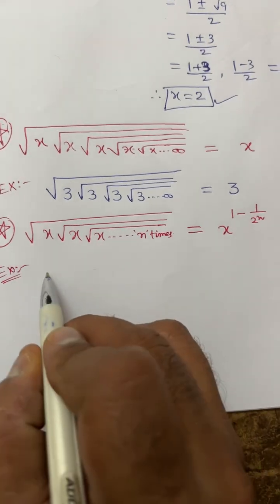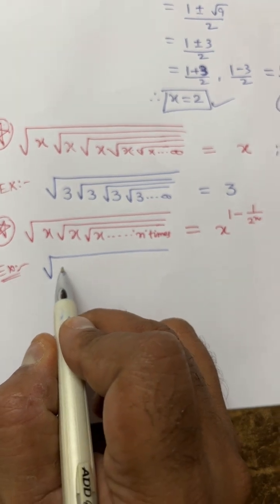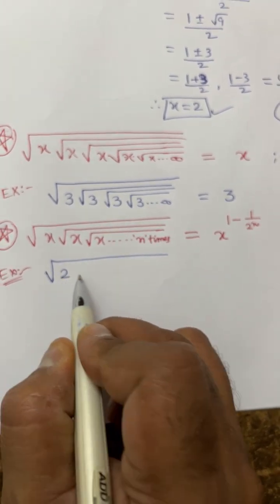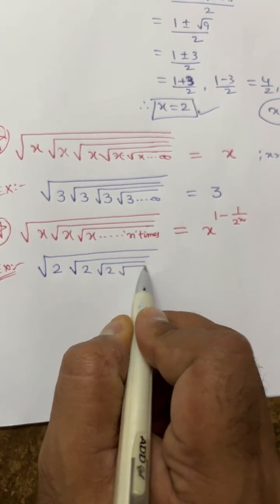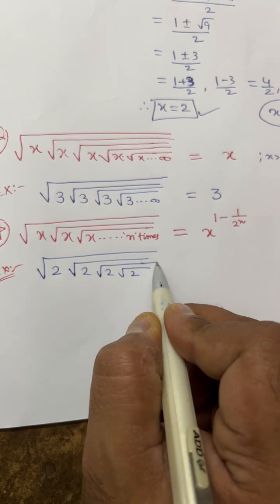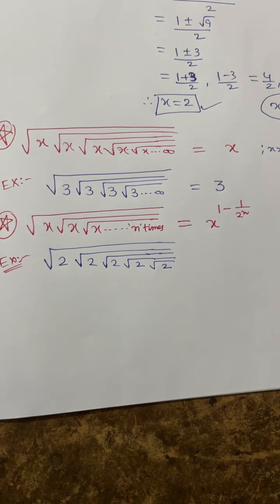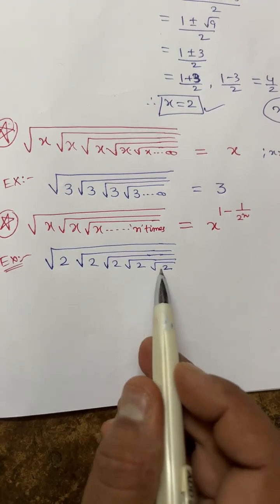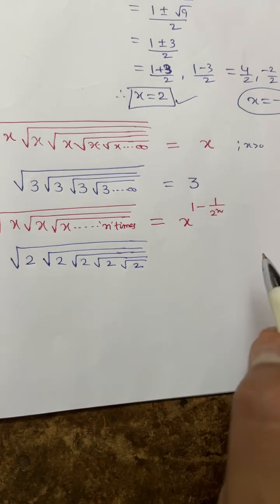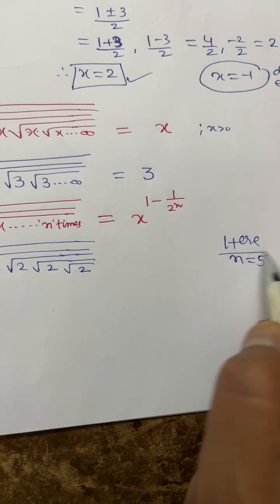To understand this, I will give an example. What is the value of root 2 into root 2 into root 2 into root 2 again into root 2? How many times is the number 2 repeating? 5 times. So here n is equal to 5.